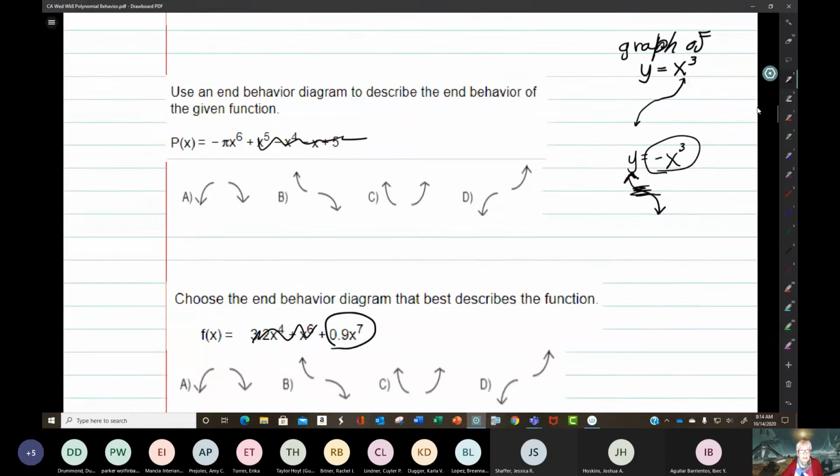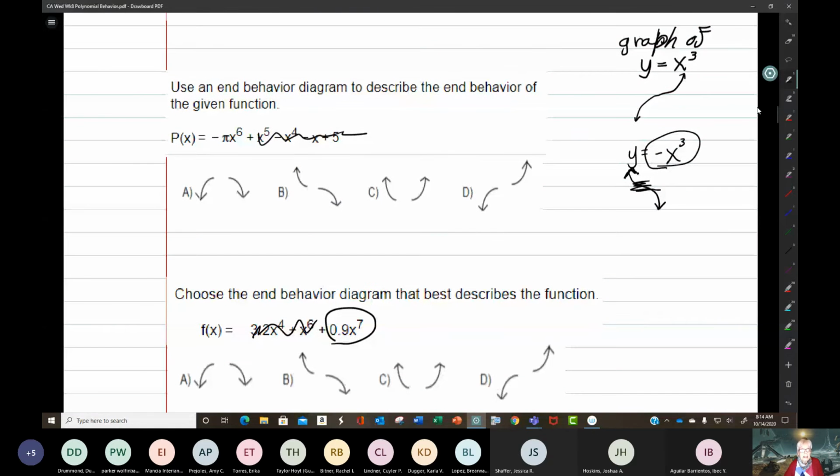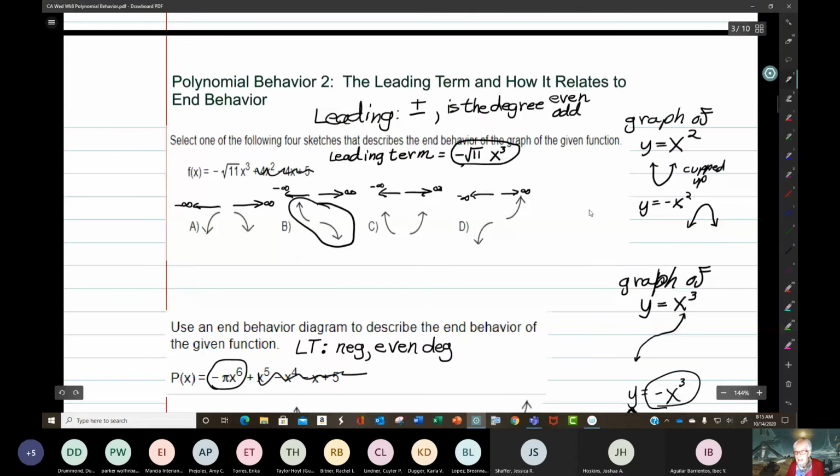Okay, so we'll look here. Here's the leading term, the highest degree term. This term, the leading term, the LT, is negative and of even degree. It's going to look like negative x squared.